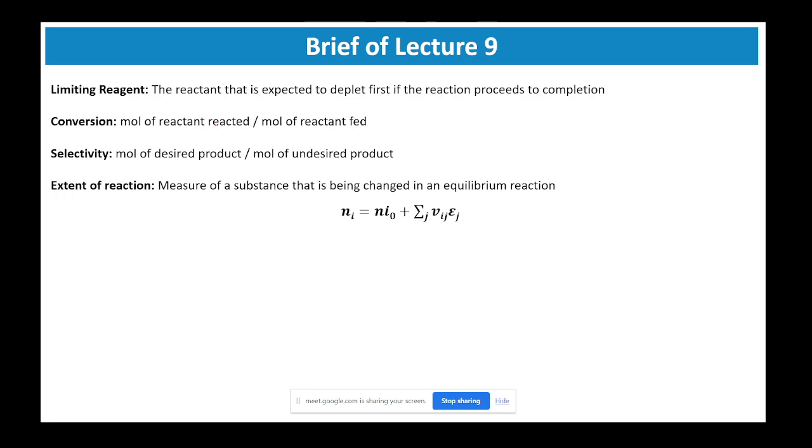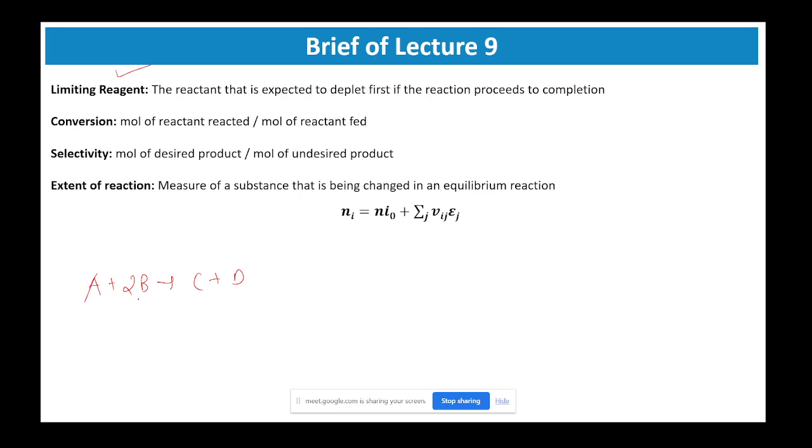Now coming to the brief of lecture 9. The important definitions highlighted in this lecture are as follows. First is the limiting reagent. What does limiting reagent mean? Say for example you have A plus 2B gives C plus D, such a reaction going on.